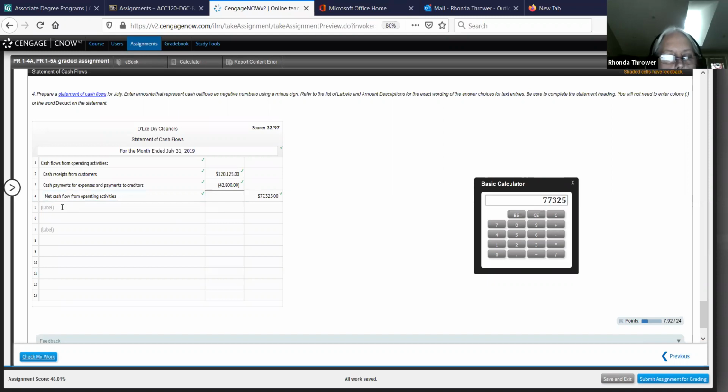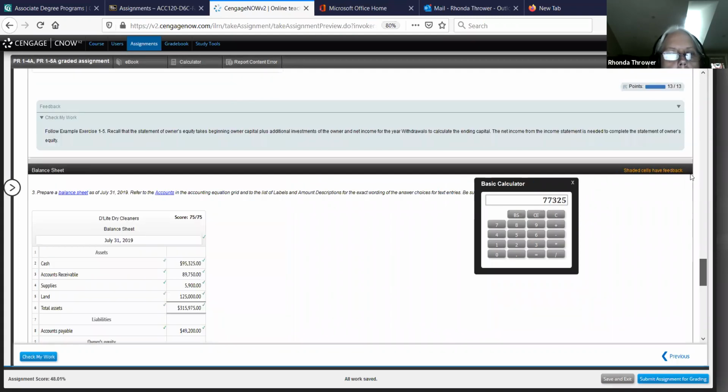statement of cash flows. The next activity has to do with the cash flows from your investing activities. Notice this says label here. So we're going to go up to the top.